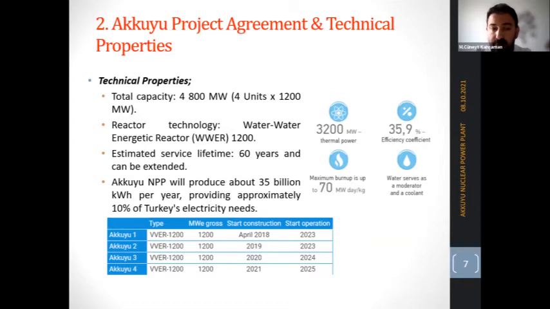It's expected to be 60 years, but according to our experience, it can be extended. The Akkuyu nuclear power plant produces about 35 billion kilowatt hours per year, and according to projections, it will provide 10% of Turkish electricity needs.